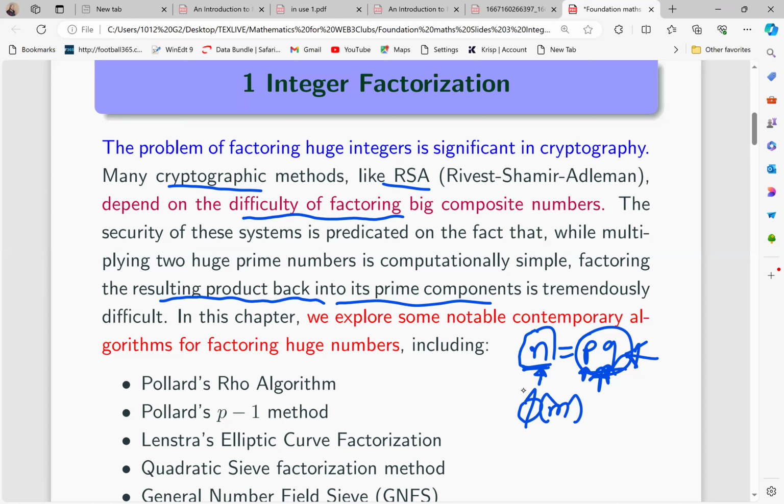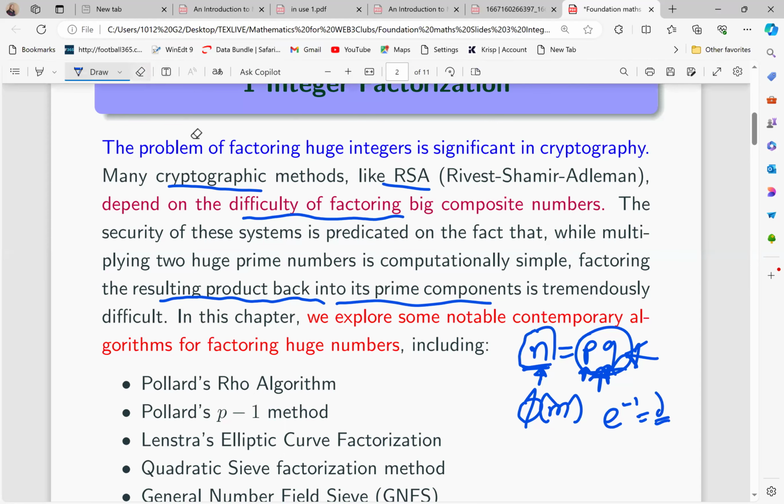And once you have phi of n, remember e was public, is a public key, you can get its inverse, which we call d when we are doing RSA. Once you have this inverse, you can decrypt that communication and get the initial message.